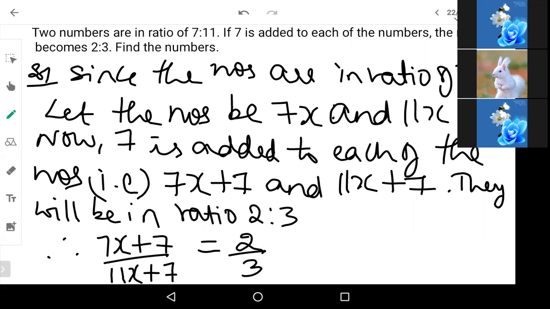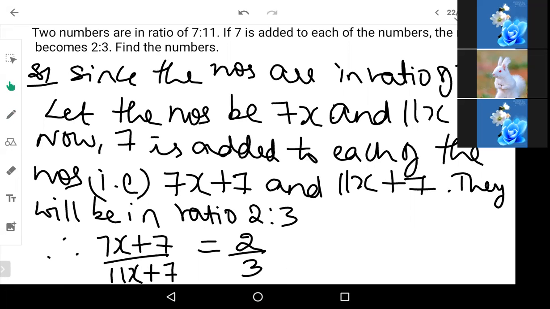Now, just like how you solve equations, you have to cross multiply, which means you multiply 3 with the first expression and multiply 11x plus 7 with the 2 on the other side.